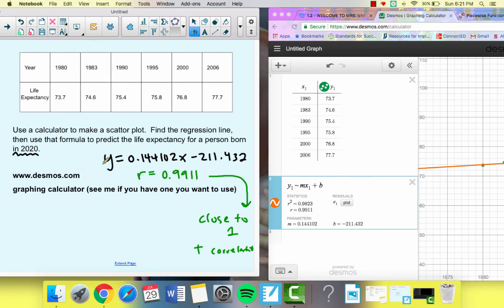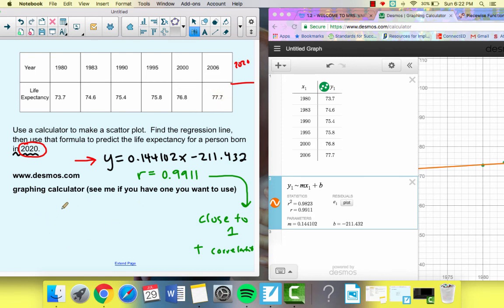Okay, so now what we can do is use this equation right here, and we can plug in the year 2020, and we can see what the average life expectancy is. And because we know this is a positive correlation, what we should see is that more likely than not in 2020, our value is going to be going upward. So it should be bigger than 77.7.